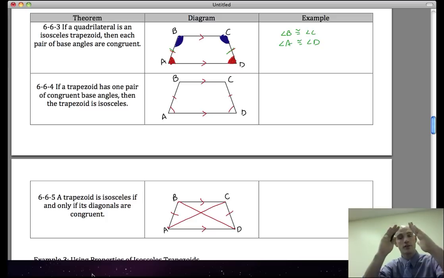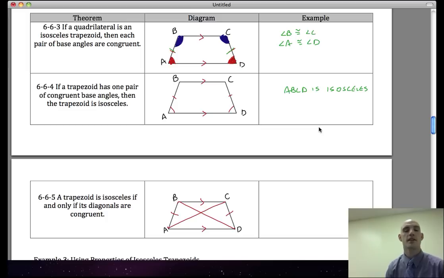The legs are congruent, so the base angles must be congruent. Okay? If a trapezoid has one pair of congruent base angles, then the trapezoid is isosceles. So when we see something like this, where angle A is congruent to angle D, we could say ABCD is isosceles.